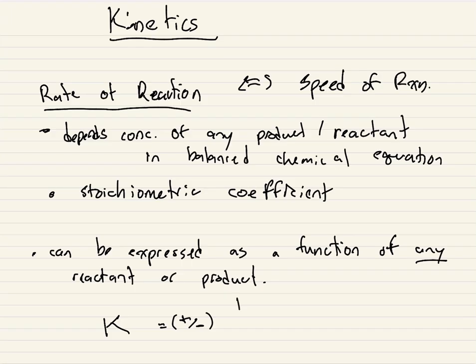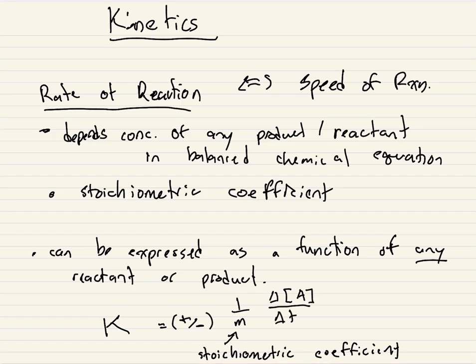And then we have 1 over m, where this is just the stoichiometric coefficient. And then it was delta, the concentration of the reactant or product, over the change in time.